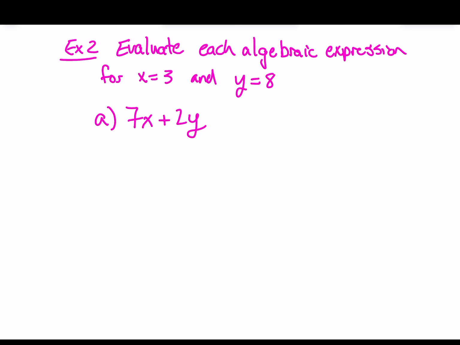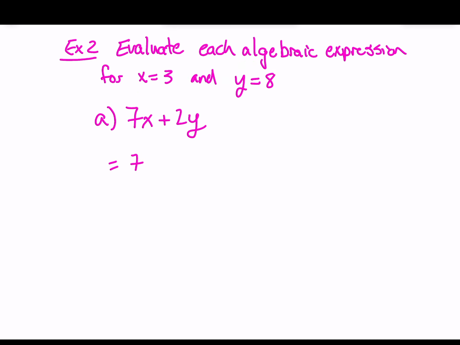In this example, we want to evaluate each expression for x equals 3 and y equals 8. So we're stepping up our game a little bit, and now we have 2 variables instead of 1. So we have the expression in part A, 7x plus 2y. So we can substitute in each of the variables. Where we have x equals 3 and y equals 8, we substitute 3 for x and 8 for y.